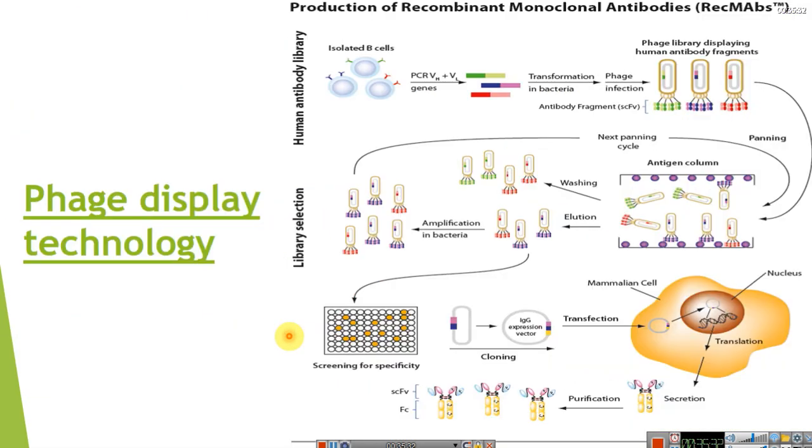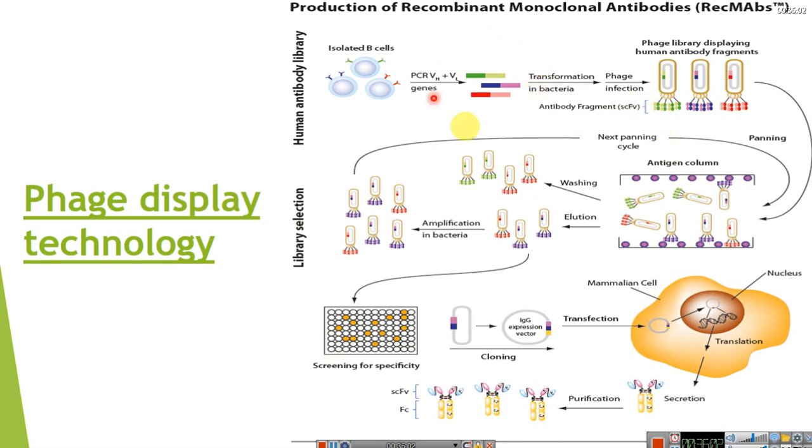Here you can see it more clearly that we isolate human B cells, and we PCR amplify. See, these are the antibody producing B cells. We PCR amplify the variable regions, the variable regions of heavy and light chain. We transform the bacteria. See, this example is only for the scFv type.